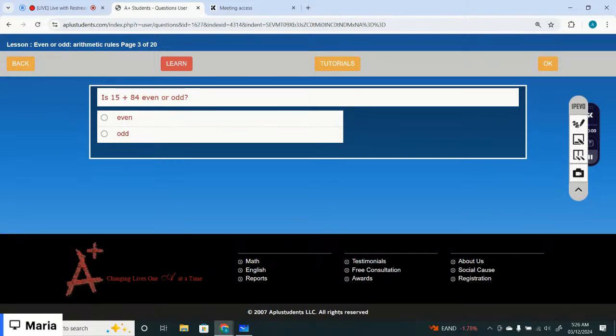The sum of an even and an odd number is odd. The correct option is odd. 84 plus 15 is 99. That is an odd number.